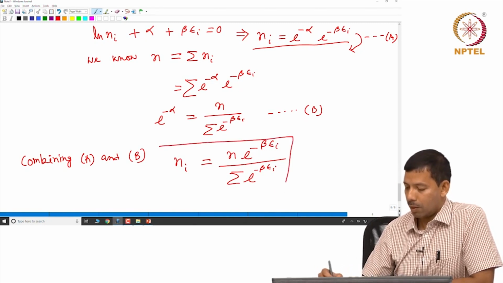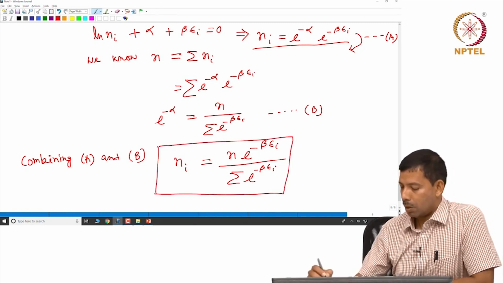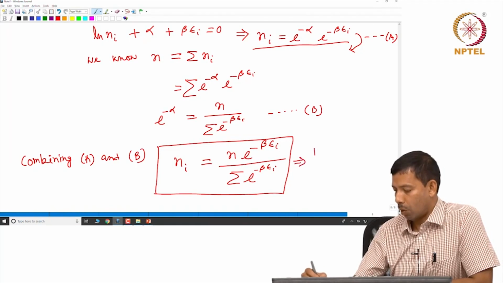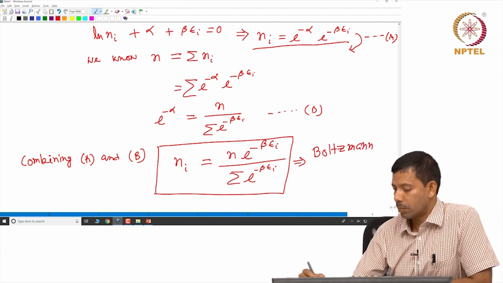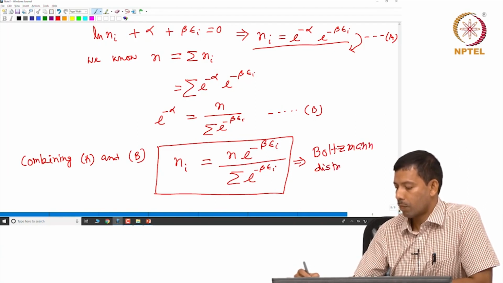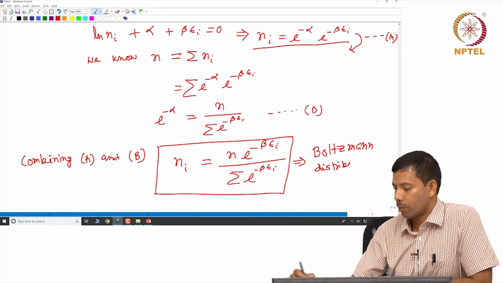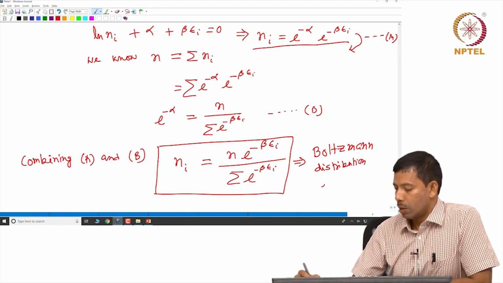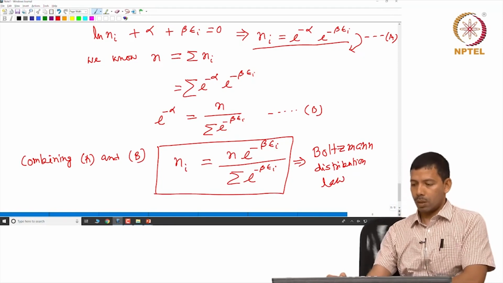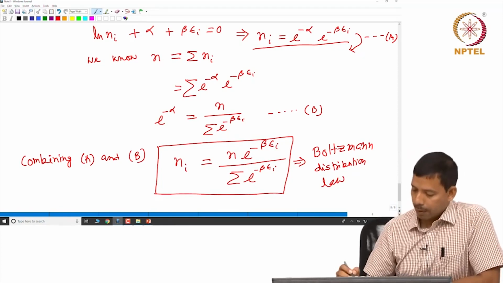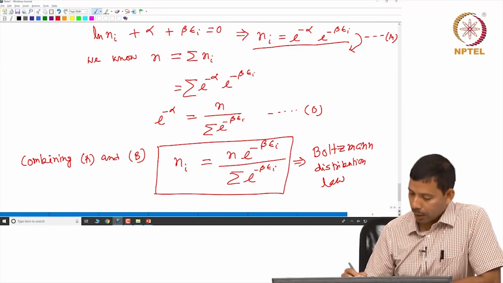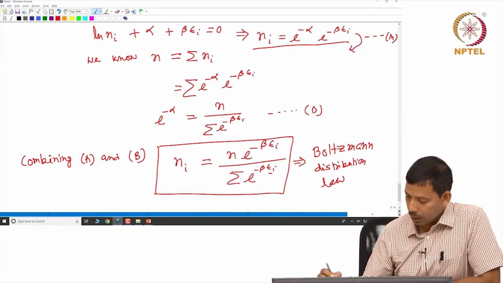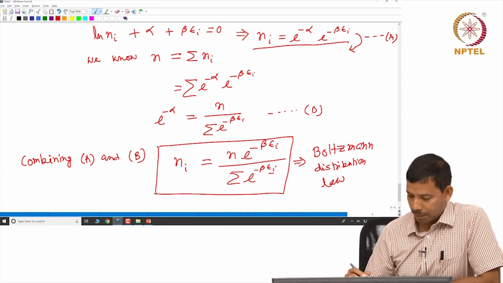This is the famous Boltzmann distribution law. What does this law say? This law says that the number of particles in the state with energy epsilon i is ni.